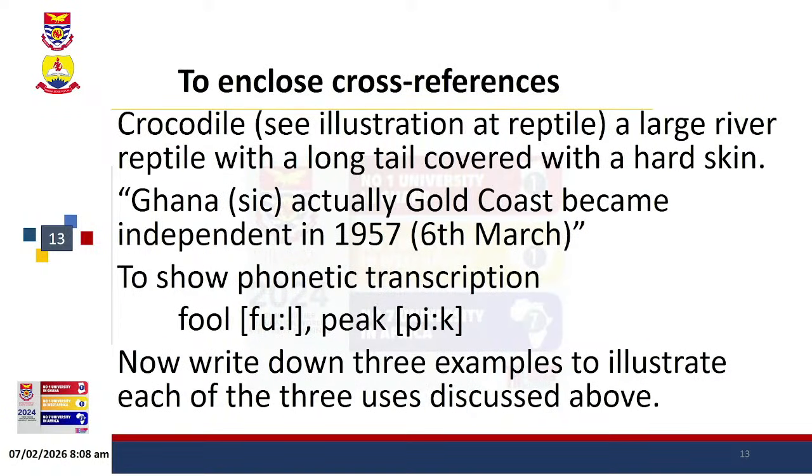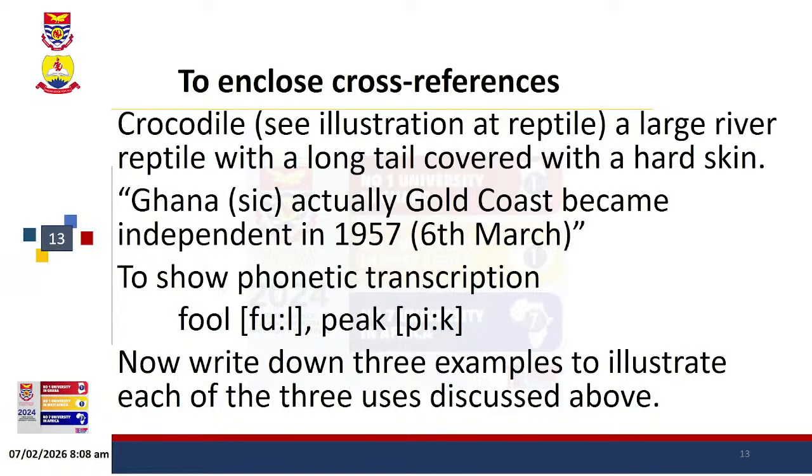Then we also have the use of the brackets to enclose cross references. Okay, for instance, you are writing a research paper or an article, you make mention of crocodile, then you want your reader to refer to an illustration of the crocodile at reptiles, maybe a heading in the passage somewhere.